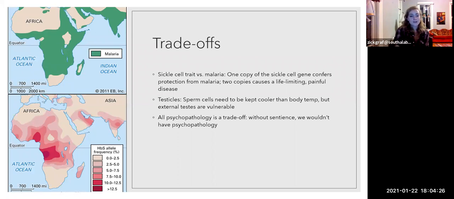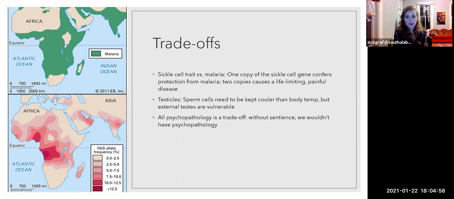But as you can see from this map, the sickle cell trait is most highly prevalent in human populations where malaria is common. So humans evolved alongside the mosquitoes that carry malaria. Malaria will kill you too. So humans evolved the ability to carry the sickle cell trait, which helps to protect against malaria and increases the reproductive fitness of people who have one copy, even though having two copies significantly decreases the reproductive fitness of people who have it.